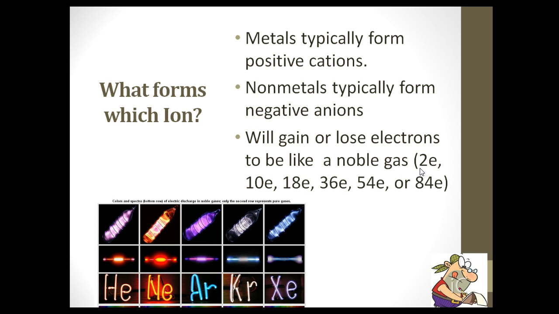If you look down that group, helium has 2 electrons, neon has 10, argon 18, krypton 36, xenon 54, and radon has 86 electrons. Those are the magic numbers that our elements typically go towards. It doesn't always work perfectly like that, but you'll see.